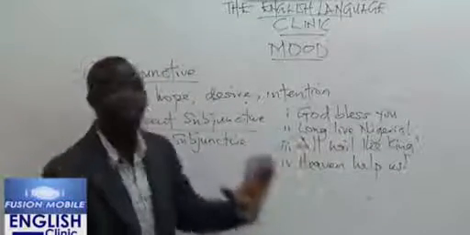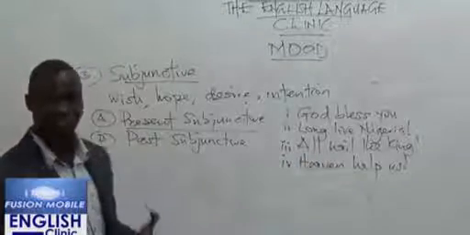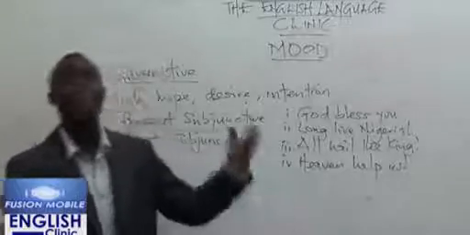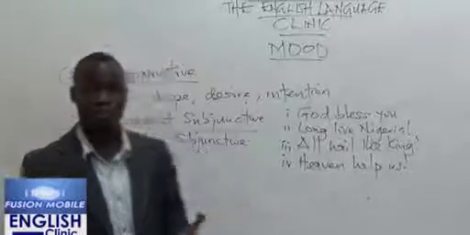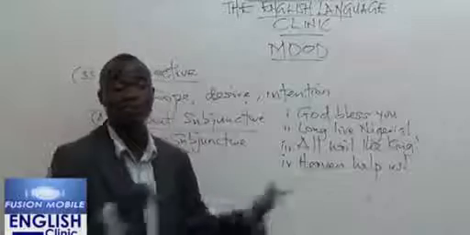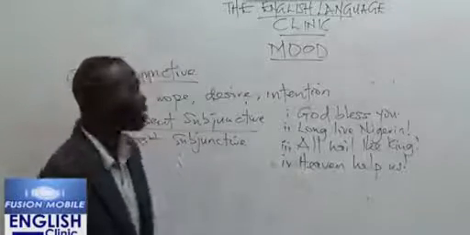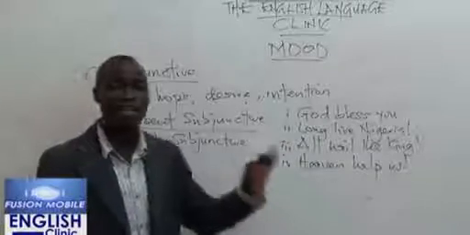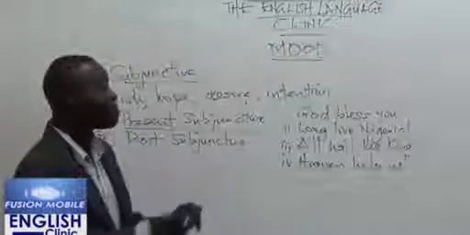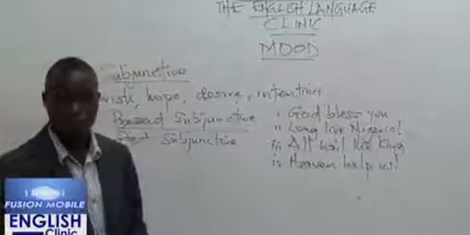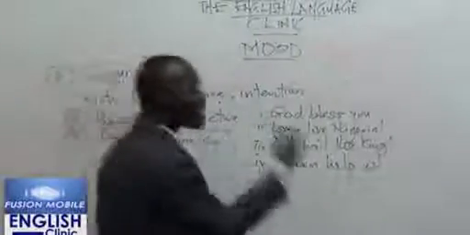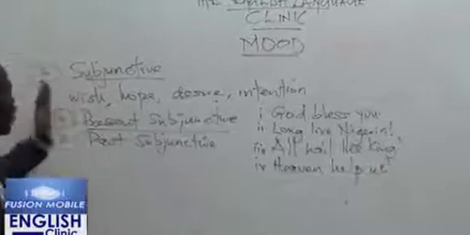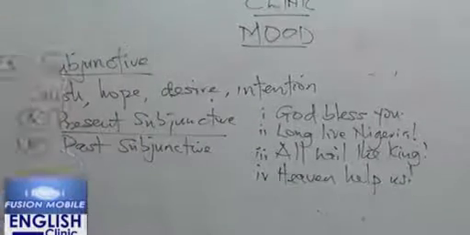So like I said before, there are some of the old English that we still use today. If you want to use them properly, we may say, may God bless you. But we still go ahead and say to people, God bless you. If I say, long live Nigeria, the better way of saying that is to say, may Nigeria live long. But like I said, some of these expressions are still used today. So they are found in some traditional phrases that are used to express wishes, hope, and the likes of that.